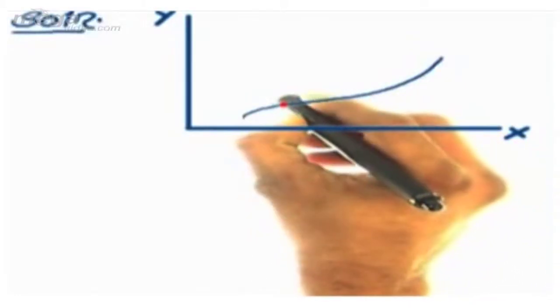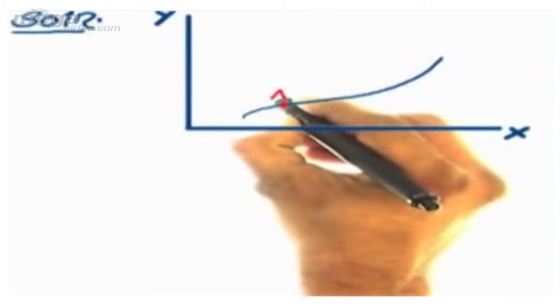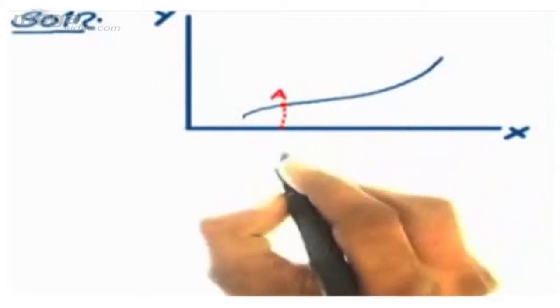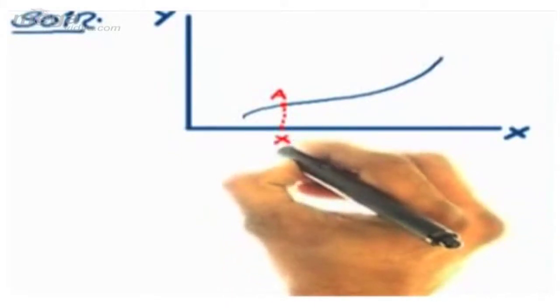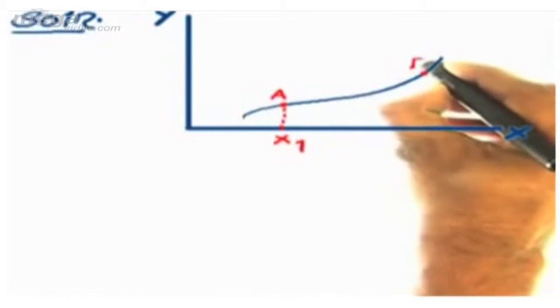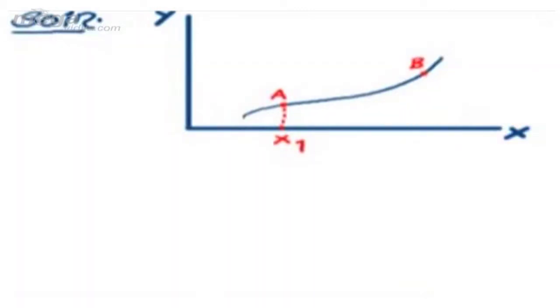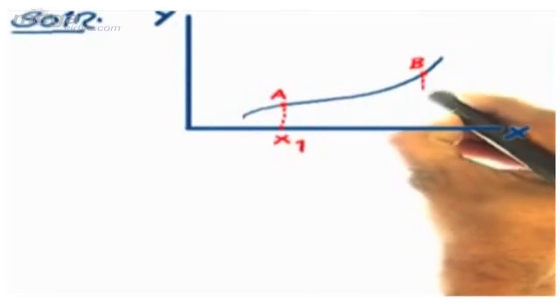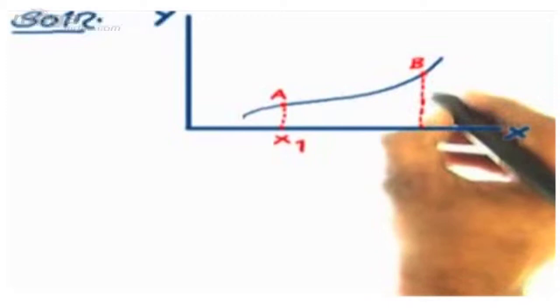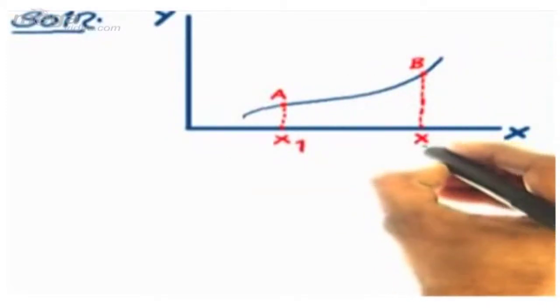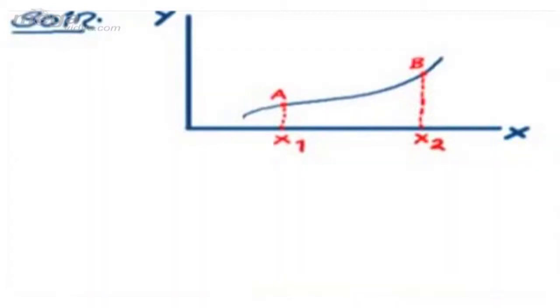You can say it is the initial position, which is given as say A. The x coordinate of its position is say x1, and there is another position B. Consider it as the final position in our example. The x coordinate for this second position of the particle is say x2.